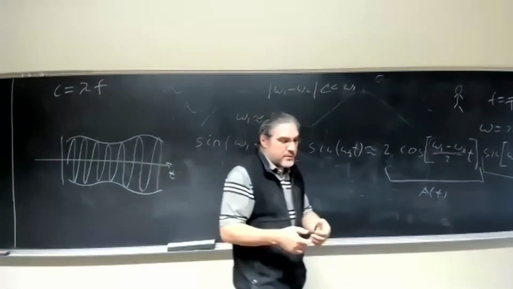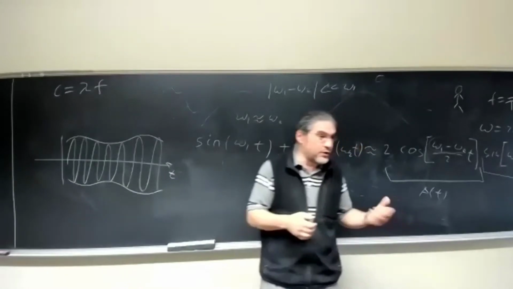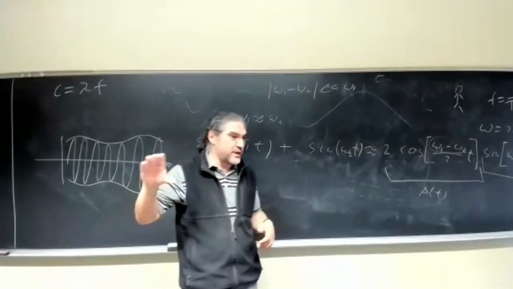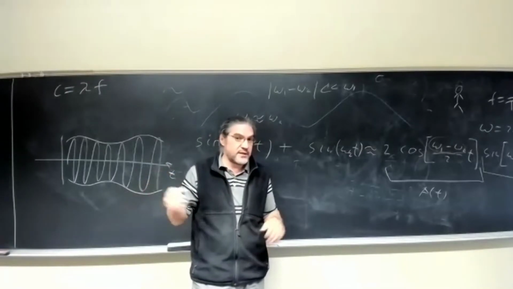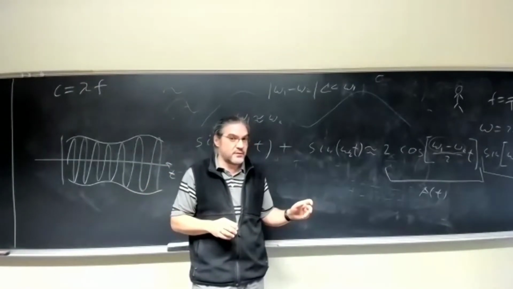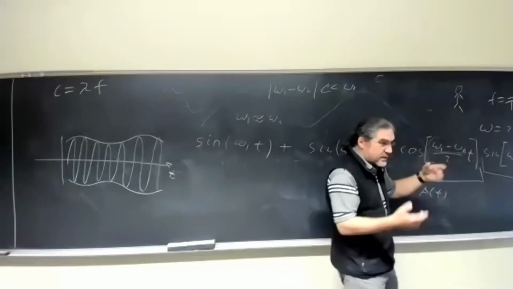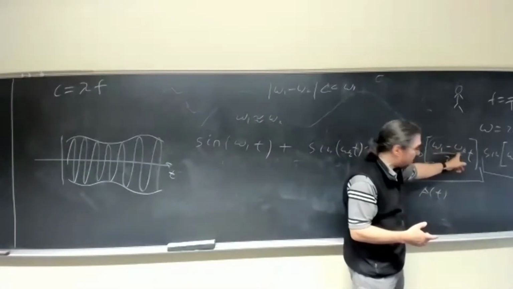And then what you hear when you're tuning is that the sound coming to you does not have those beats. That's exactly when they're in tune. It means no beats, which means exactly that omega 1 equals omega 2.